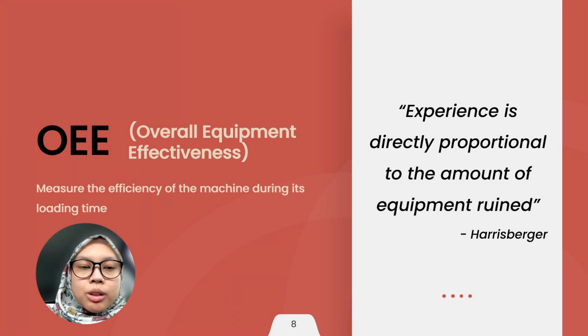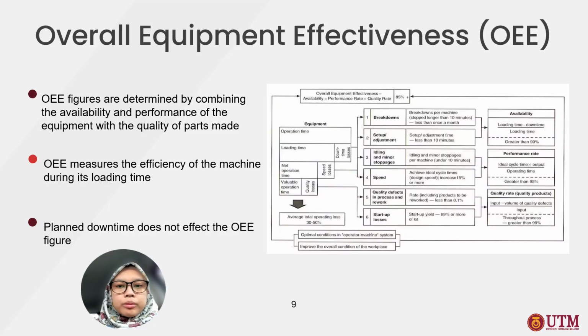Okay, so our next topic is OEE, overall equipment effectiveness, which measures the efficiency of the machines during their loading time. There's a quote that I'd like to share, which is: experience is directly proportional to the amount of equipment ruined. So what is OEE?